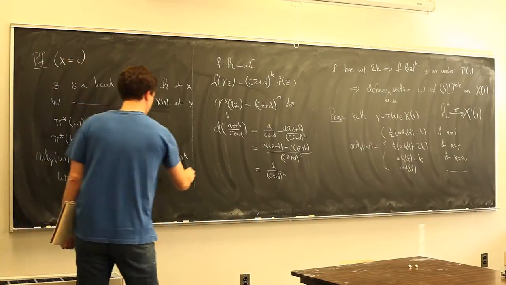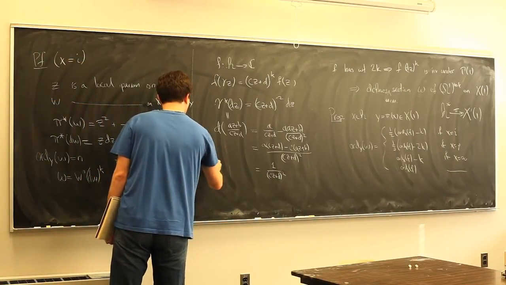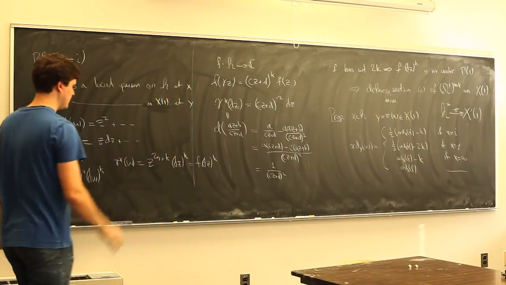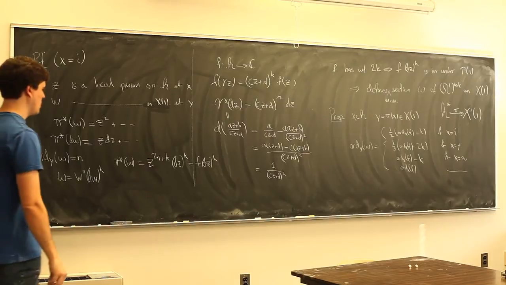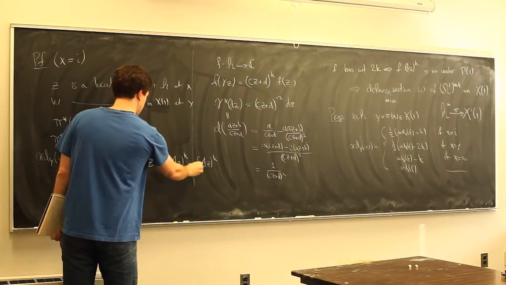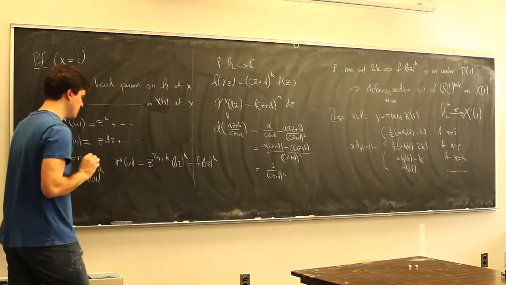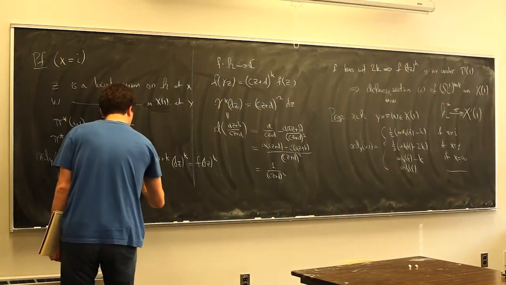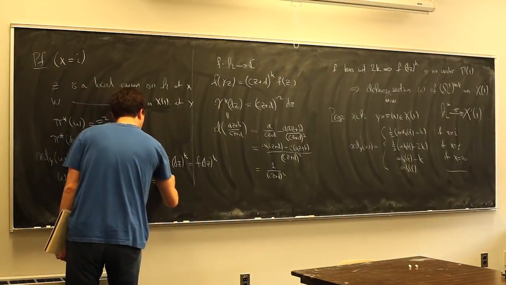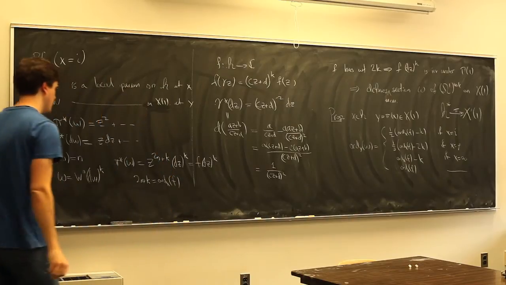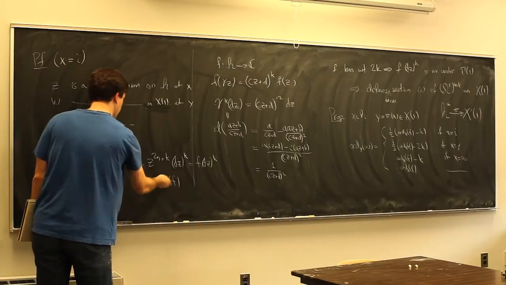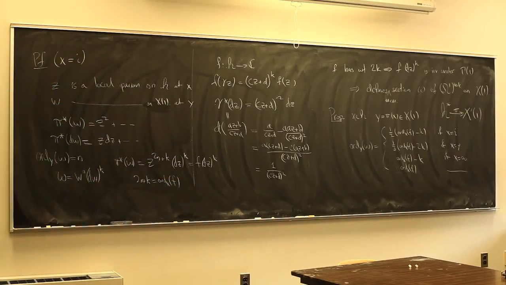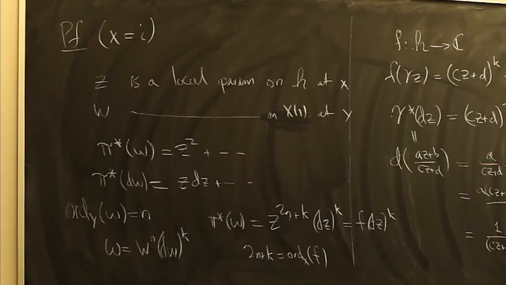And this pullback is, by definition, f dz to the k. I said that this descends, I mean, you can write it as the pullback of something down below. And so this shows that locally f looks like z to the 2n plus k. So 2n plus k is the order at x of f. And so now if we solve, we subtract off k, divide by 2, and that's what we get. Okay? So this just comes from the local behavior of the quotient map.